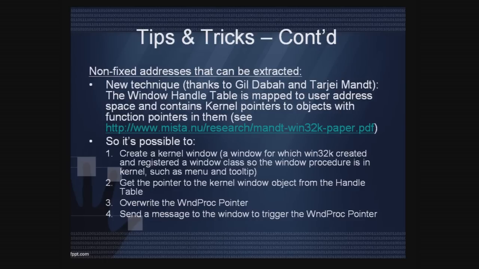So if you're running code, you can access that table and get a pointer to the kernel window procedure that's relevant for special kinds of windows that are processed in the kernel, like menus and tooltips. Their window procedure, or at least a part of it, is in the kernel. You overwrite that pointer, then send a message to the window, and you get your code executed. It's a very nice technique.